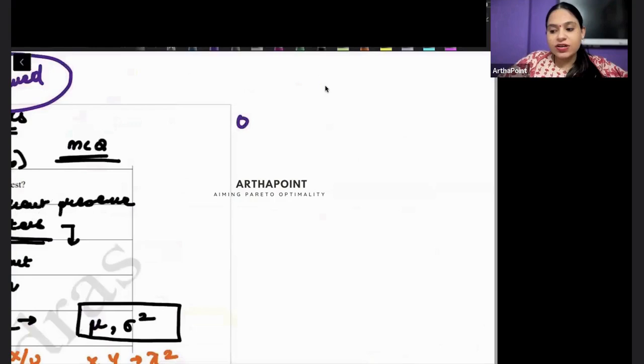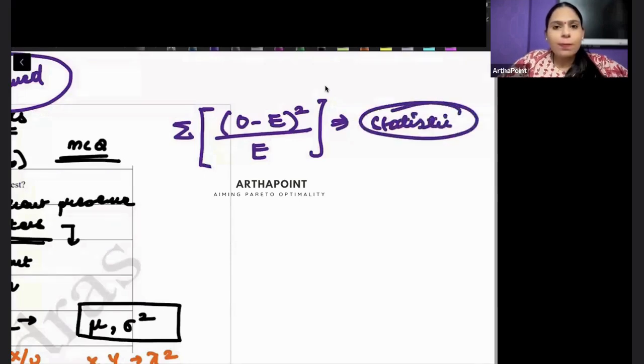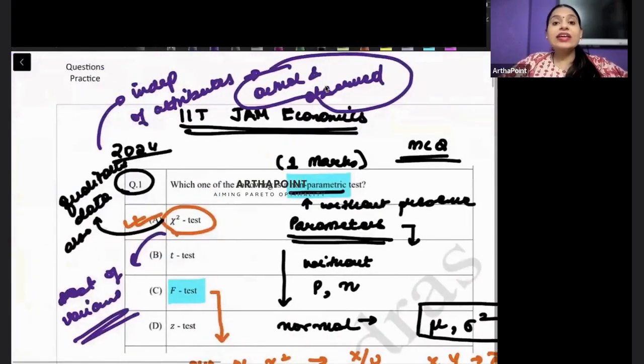We were just taking the difference between the two, squaring it, dividing by E, summing it over, and that was our statistic. Isn't it? There was no parameter involved. So in that sense, it is correct to say that chi-square is the only test which has a few of its applications where no parameter will be involved.